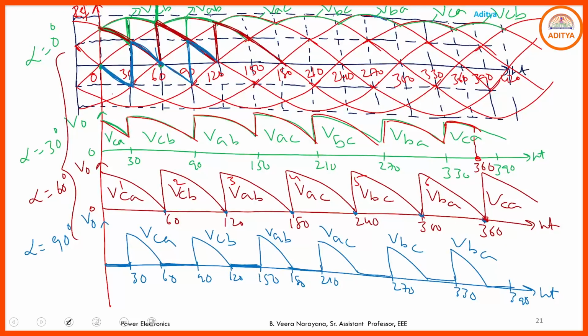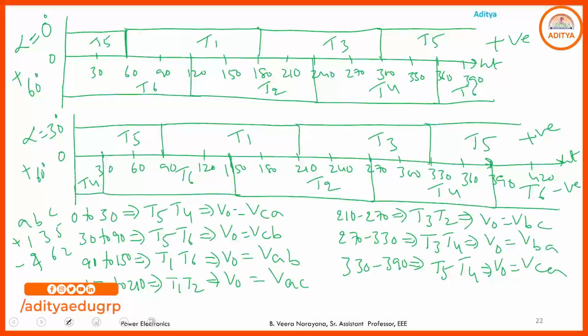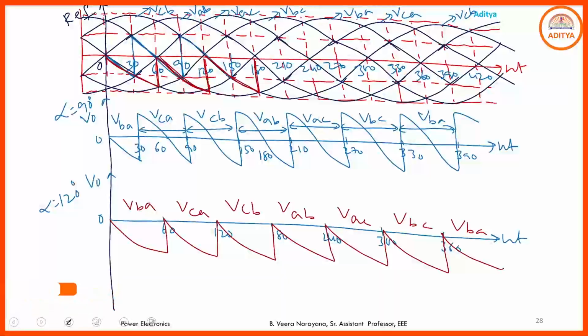Then the converter operates as a rectifier. Some power is transmitted from source to the load. For alpha greater than 90 degrees, like this, the converter operates as an inverter.